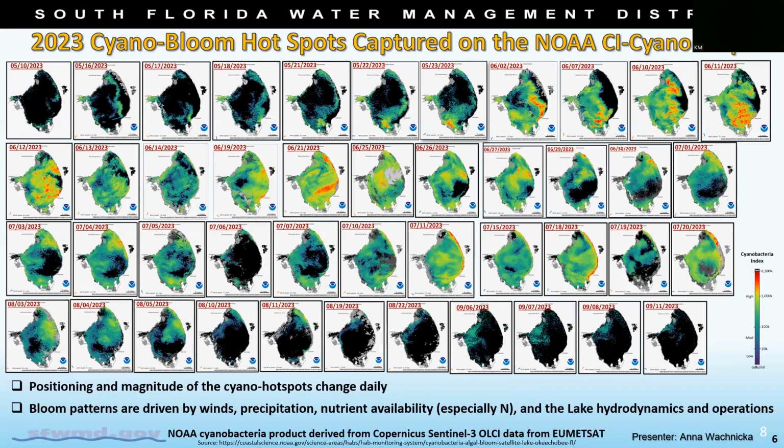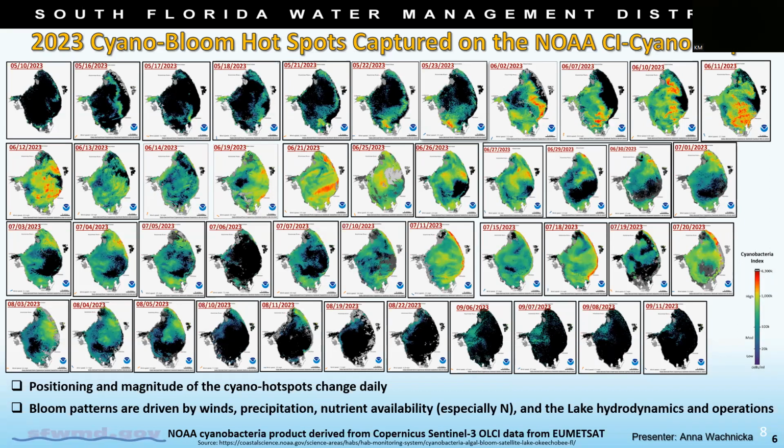So we have to release the water no matter what, and that is going to affect the bloom patterns in the lake. There are many different factors driving bloom dynamics. There's never one factor, not just nutrients, not just light. Multiple factors work together to determine whether we are going to have blooms or not, what types of blooms, and how long they're going to last on the lake and where.